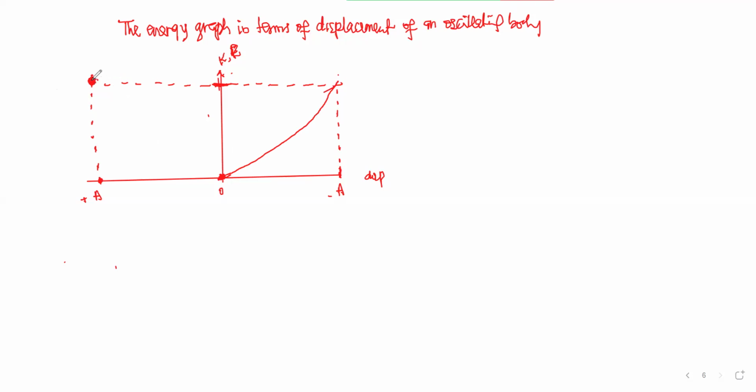So when we are starting from the extreme, it will be maximum and then decrease as we approach the mean point where y is equal to 0. So this is the potential energy graph with respect to displacement.